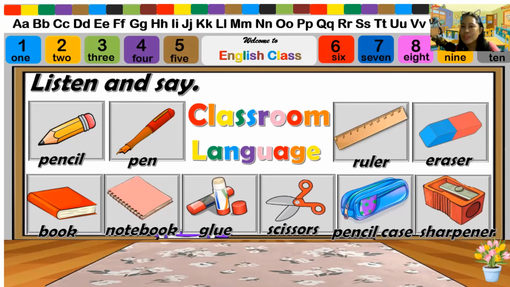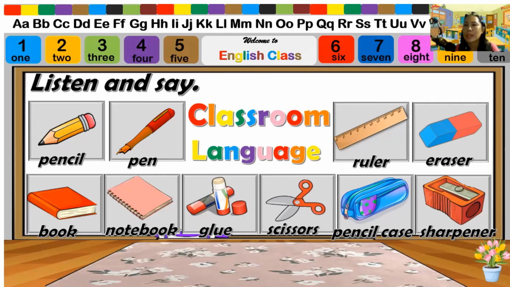Okay, so if we have these things, for example, we were the owner of these things and somebody wants to borrow from us, and it's okay for them to borrow from us, what do we say? Yes, you may. Very good. And if we don't have, what do we say? We just simply say, oh, sorry, I don't have any.